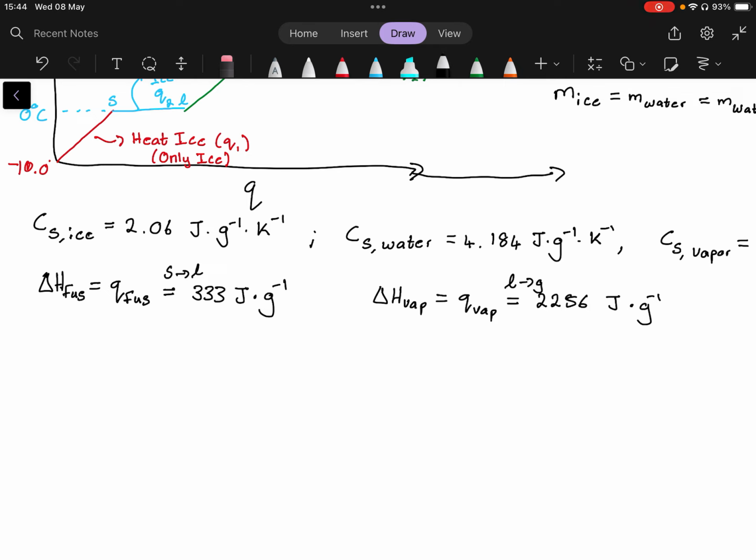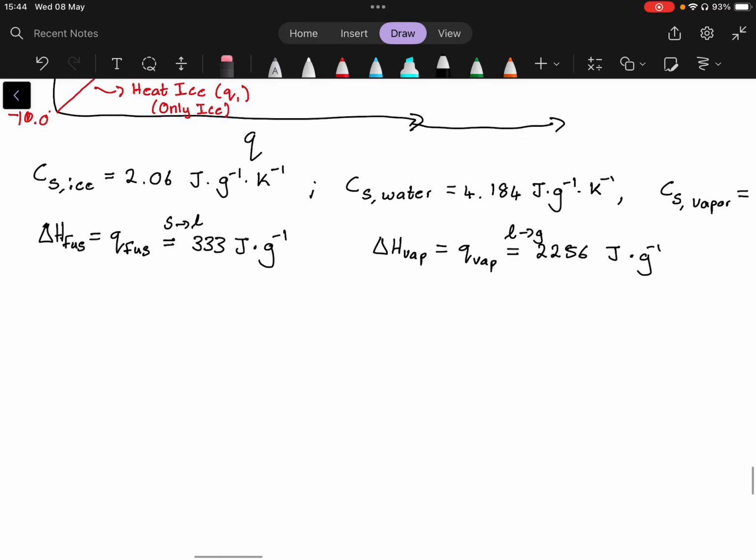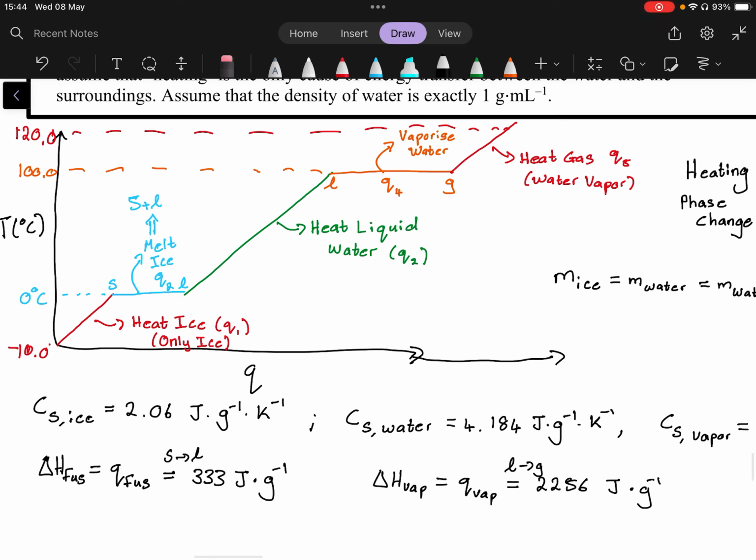Interesting, I mean, you can see it takes a lot more energy per gram to get water into the gas phase than into the liquid phase. And that's of course because of the structured order of water and its hydrogen bonds, which is a topic for a later theme. Okay, so now our point is to calculate all these Qs that I listed.